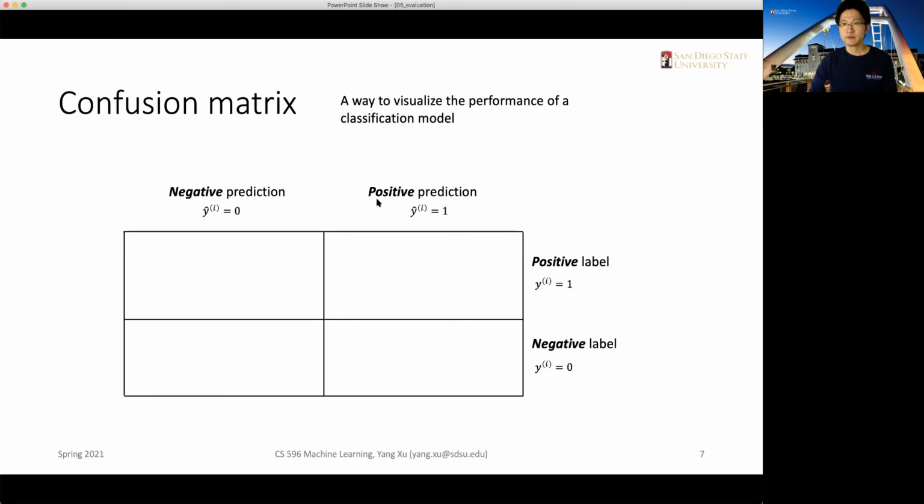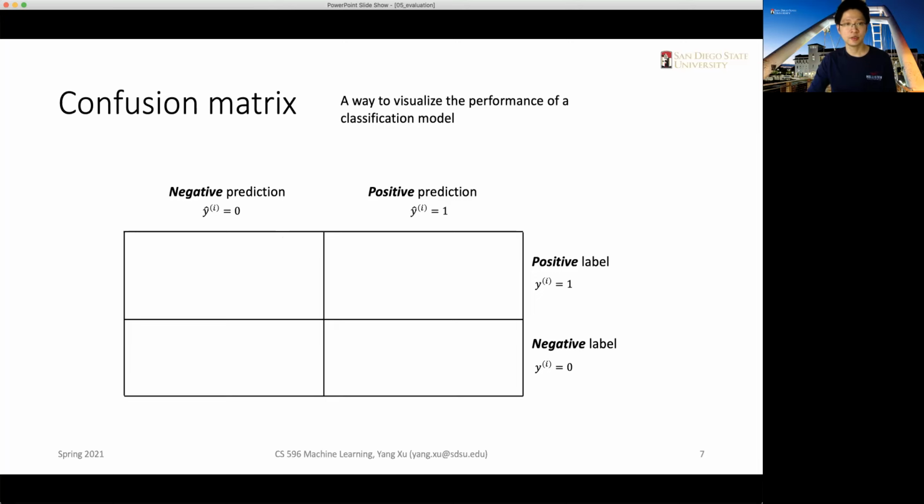If we look at the two columns, the first column is where we put the data points that have the negative prediction, while the second column is for the data points that are predicted to be positive.